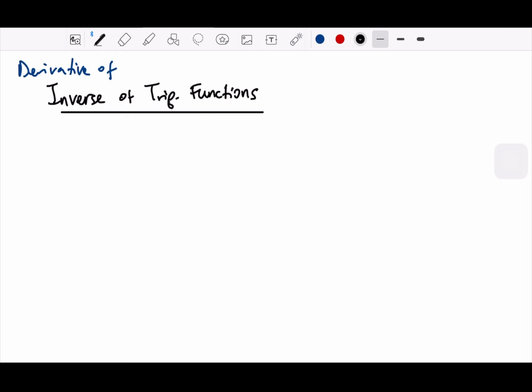So let me recall you with some definitions. If you have the sine inverse like this, remember this inverse doesn't mean that it's 1 over sine. Please be mindful, this is not the same.